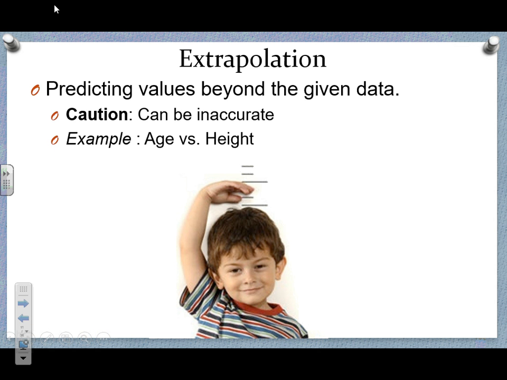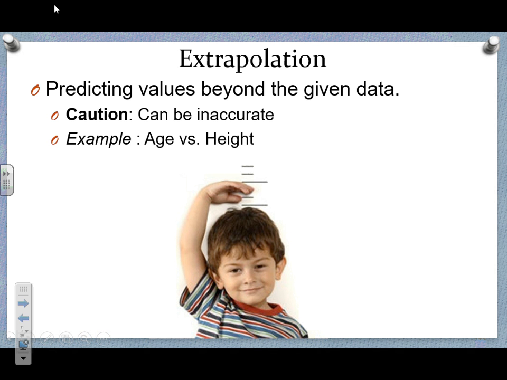Okay? So that would be something we'd be able to predict fairly accurately, probably. But what if I tried to predict their height using that same model at 50? Yeah, that model says they're going to continue growing. But what do we know always happens? At some point, you stop growing. And in fact, after you hit a certain point, you actually start shrinking, right? So once you hit about, is it usually about 25 or something like that, 25 to 30? You actually start shrinking from then on, okay?